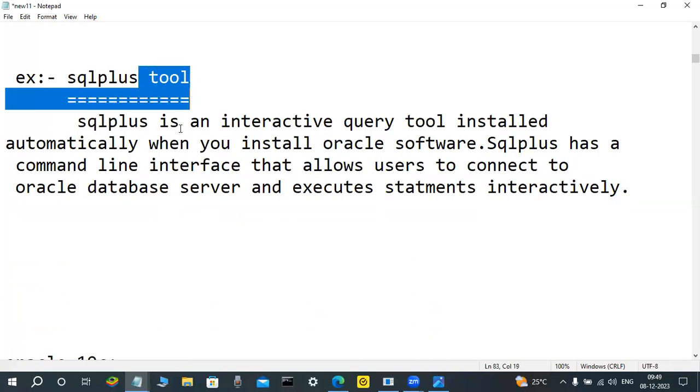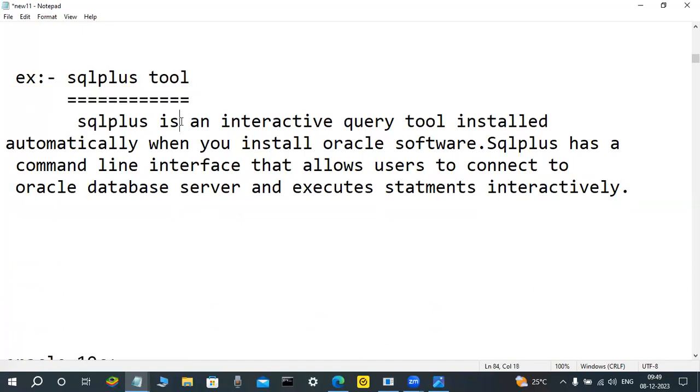Example: SQL Plus tool is an interactive query tool. Write it.